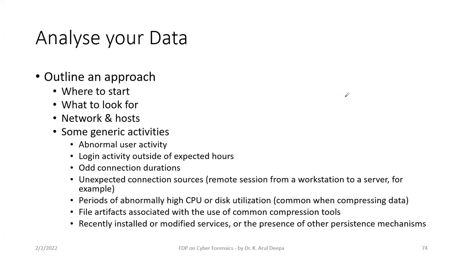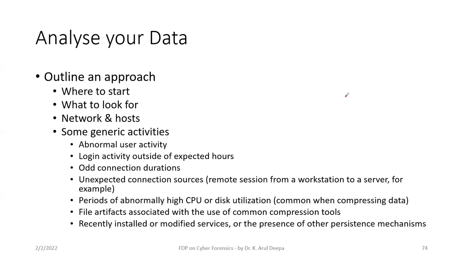outside the expected hours, odd connection duration, unexpected connection sources. That is, a remote session from a workstation to a server, that never happens. So such an unexpected connection source could be an activity of a suspect.